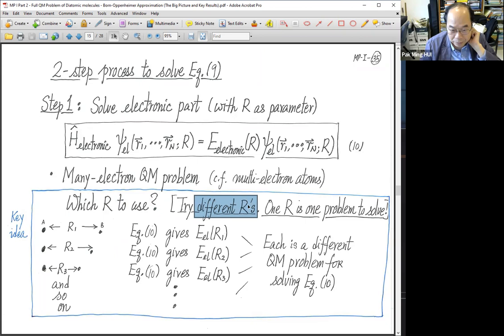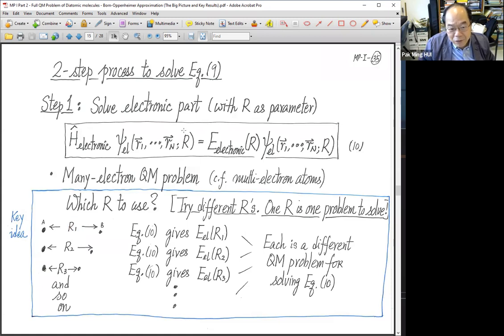Try different R's. What does it mean? It means the following. You can try the two nuclei to be 4 angstrom apart. So you have an R1 that is long, far apart. Last time we mentioned that the bond length is usually in the ballpark of 1 to 2, maybe 3 angstrom. So if you try 4 angstrom, it's far away, so it's R1.